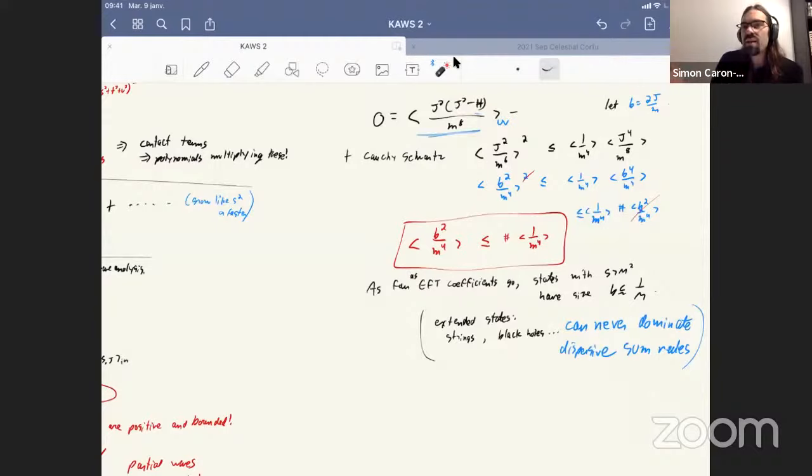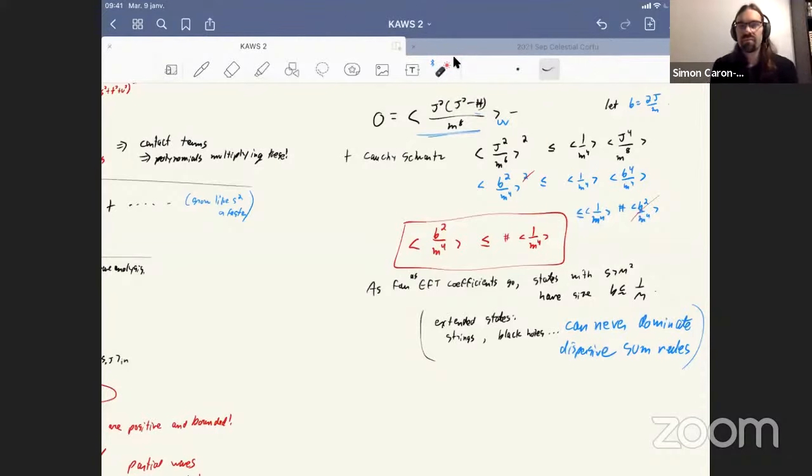The states that dominate the sum rules are the states that are very close to the cutoff. And we're thinking about a cutoff that's less than the Planck scale, so there's just no black hole close to the cutoff. So that's the intuition: the things that dominate are the states closer to the cutoff. Okay, thank you.